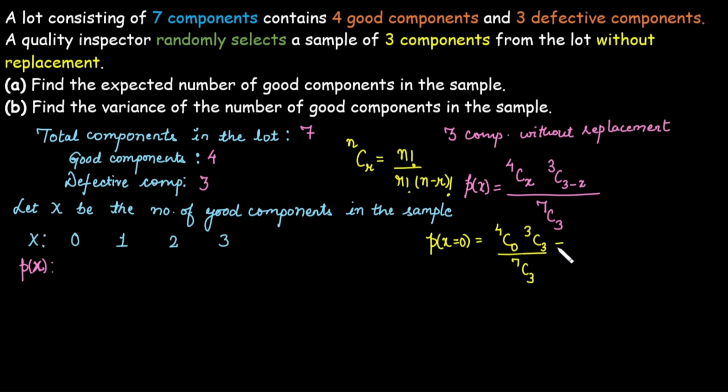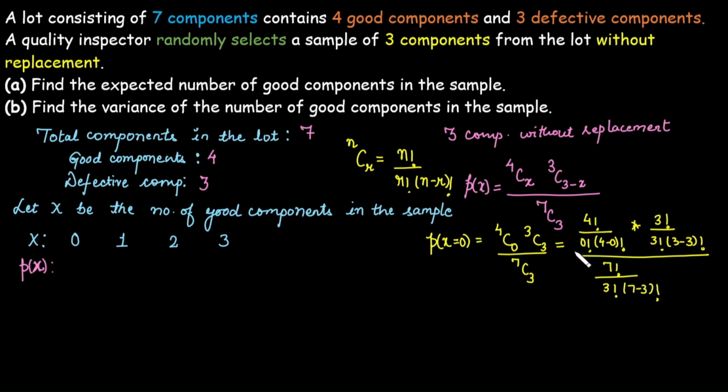So this is equal to what? 4C0 means 4 factorial divided by 0 factorial into 4 minus 0 factorial, into 3C3, that is 3 factorial divided by 3 factorial into 3 minus 3 factorial, divided by 7 factorial divided by 3 factorial into 7 minus 3 factorial.